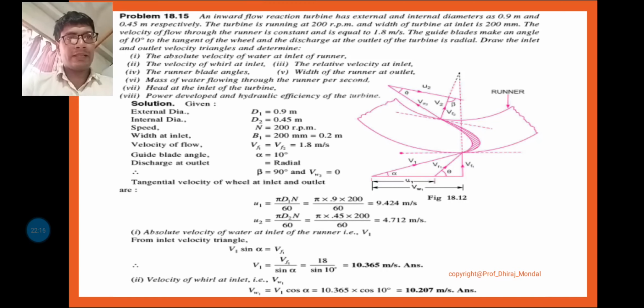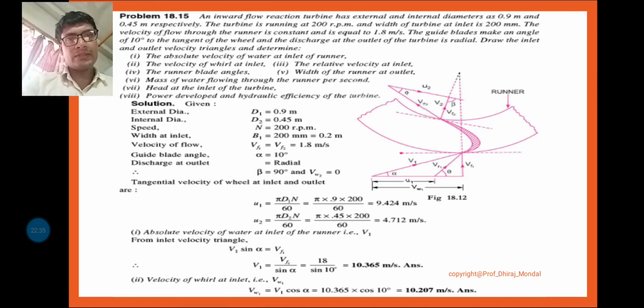The guide blade makes an angle of 10 degree to the tangent of the wheel and the discharge at the outlet of the turbine is radial.